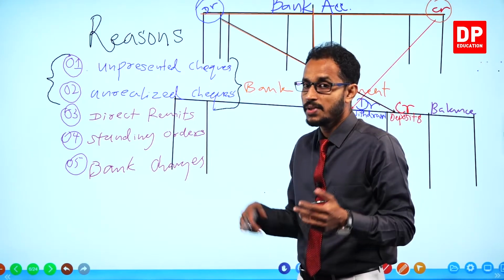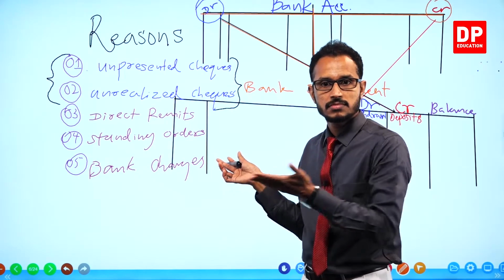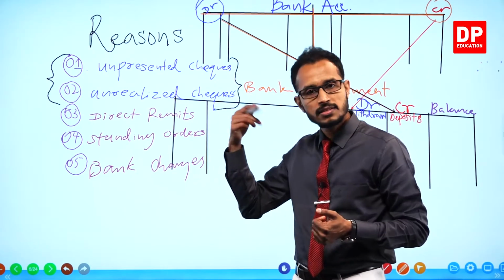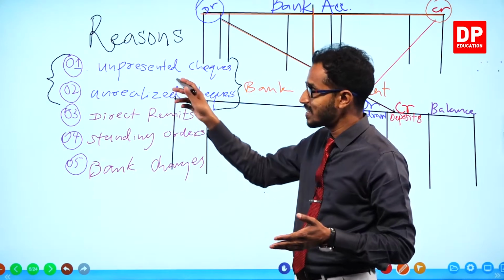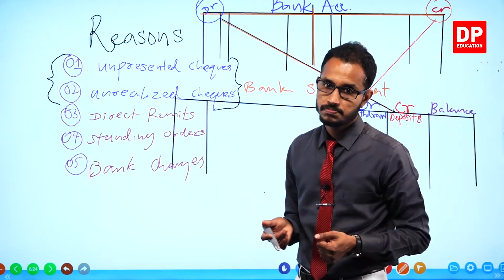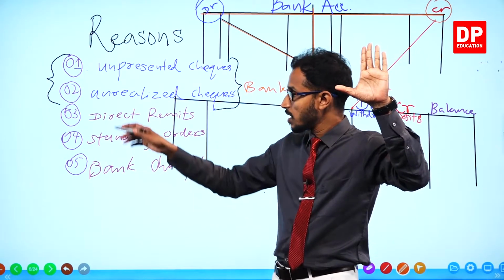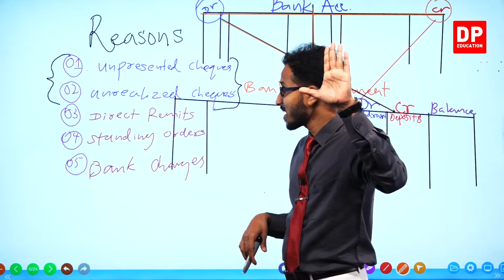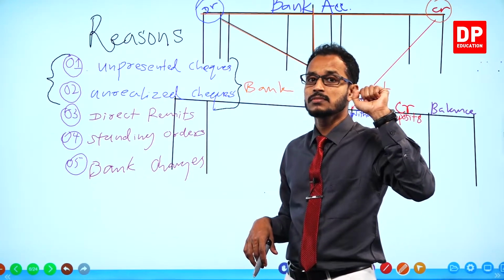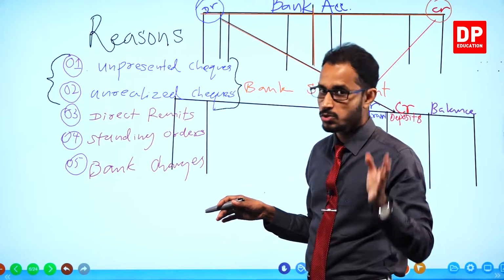I mean, in the bank statement, they are missing. When we learned in the previous session what unpresented checks are, what unrealized checks are, I explained to you in a really clear manner, so you should remember.